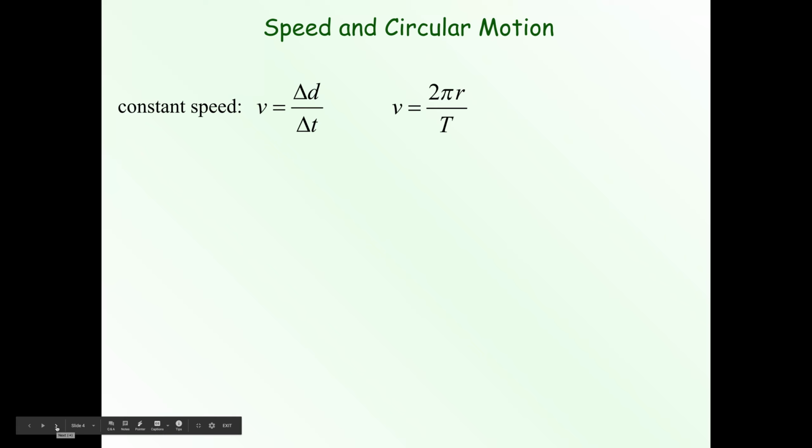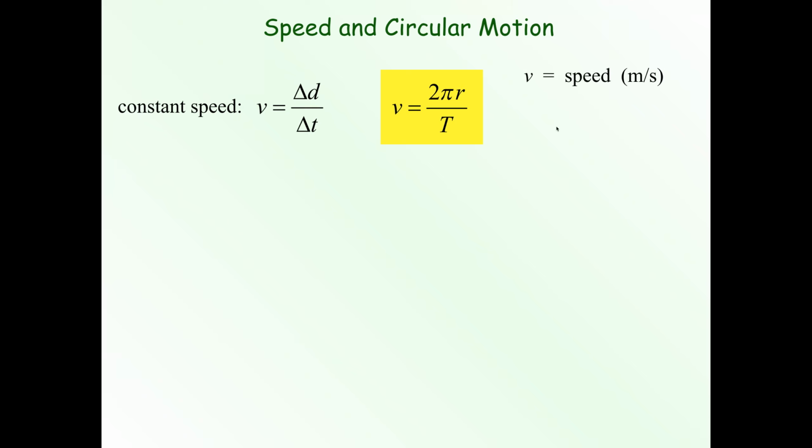The formula for circumference is 2 pi times the radius of our circle. So that's why distance is equal to 2 pi r. And the time is capital T, because that's the period, how long it takes to go one revolution. So this is the formula we're going to use for constant speed.